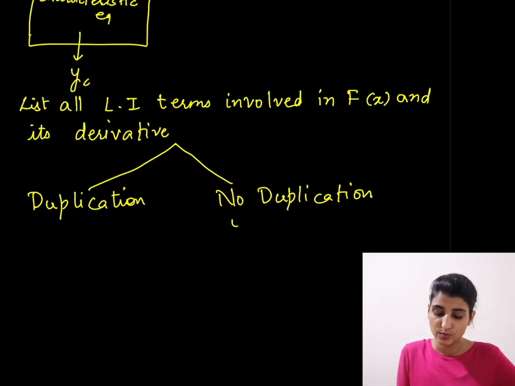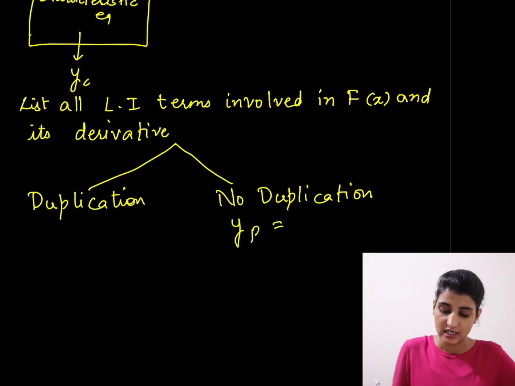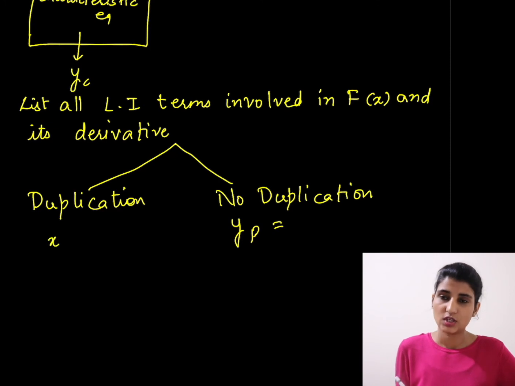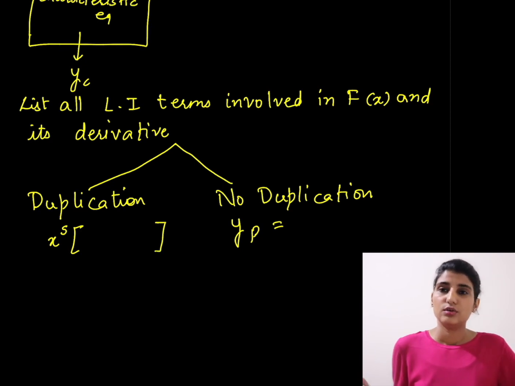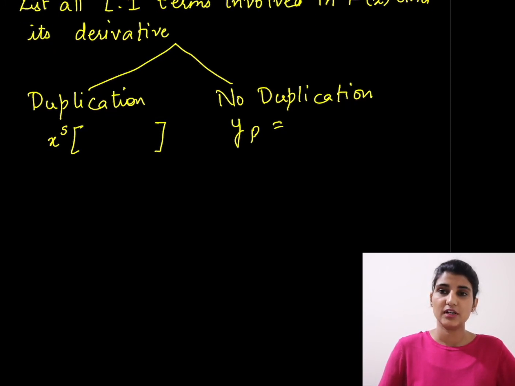If you have no duplication, you can go ahead and write down your yp as the linear combination of your linearly independent terms. If you have duplication, you will multiply by x power s only to the factor where you have duplication, corresponding to the f.